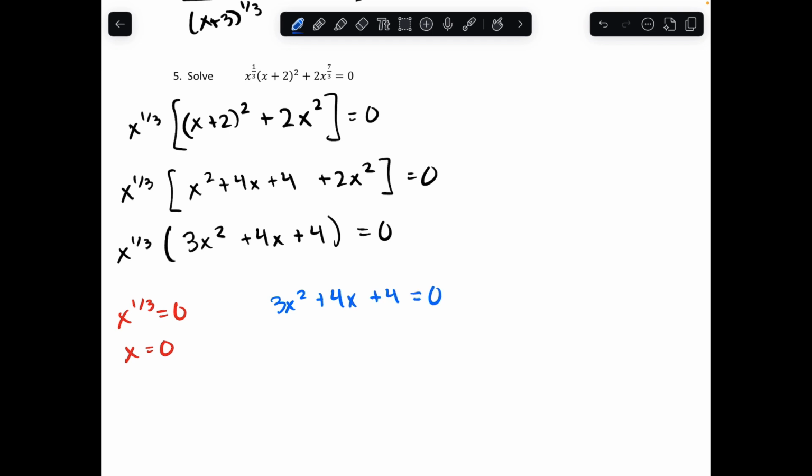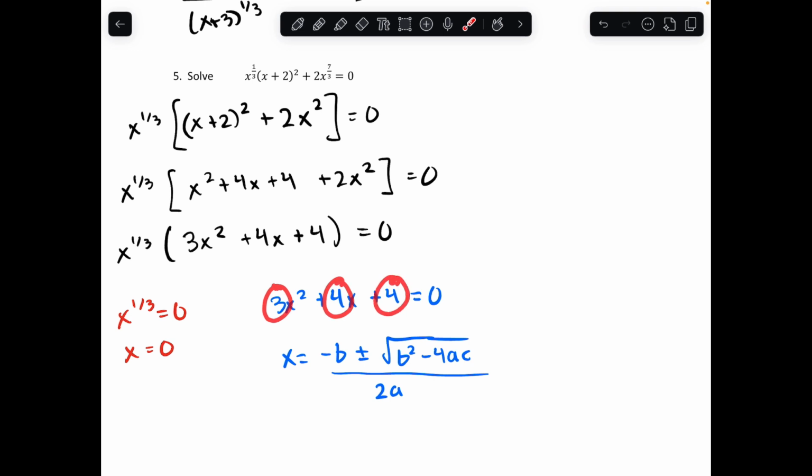Now, this doesn't look like it factors particularly easy, so let's just use the quadratic formula, which says that x is going to be equal to negative b plus or minus the square root of b squared minus 4 times a times c, and then this whole thing is divided by 2 times a. And that is where a is the coefficient on x squared, b is the coefficient on x, and then c is our constant.